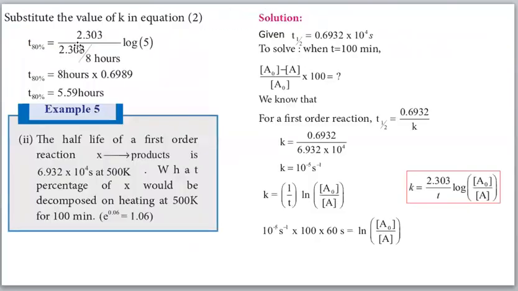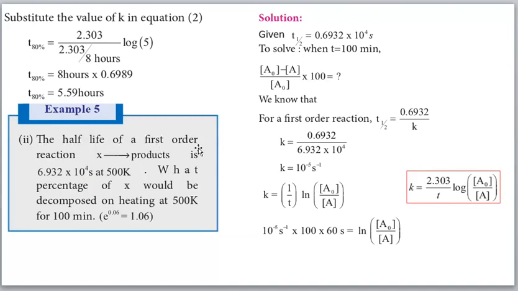Here the next line is changed: 2.303 divided by 2.303 by 8 hours. Since the denominator is a fraction, we multiply with its reciprocal, so the 8 hours go to the numerator. This number and this number cancel. The numerator is now 8 hours and log 5. The value of log 5 is given in the question, 0.6989. So 8 into this value, and we get the unit as hours. Okay, example 5.